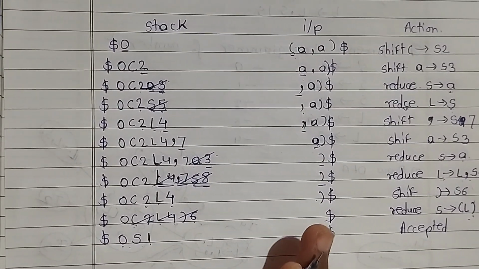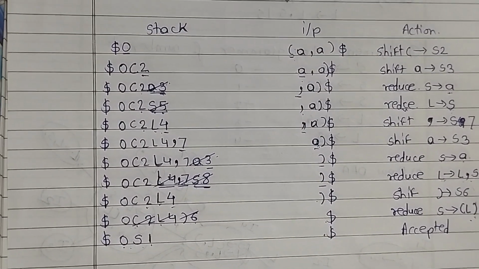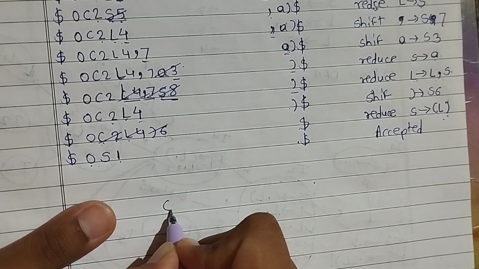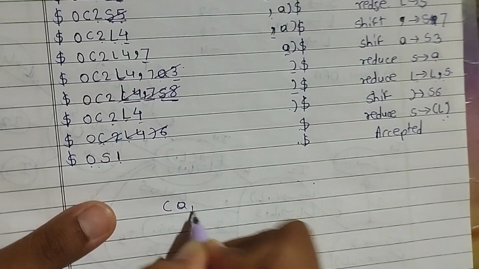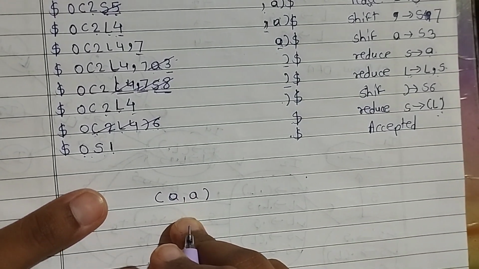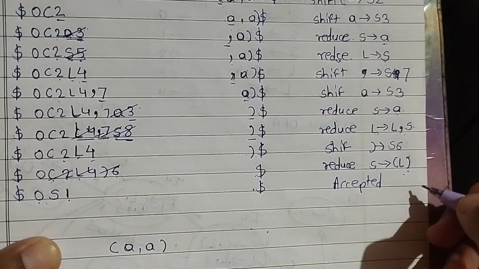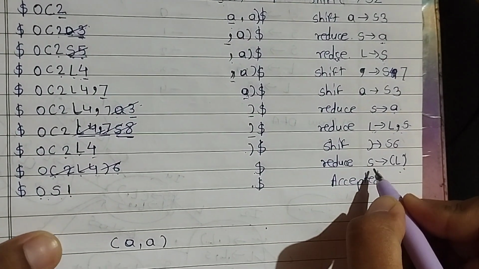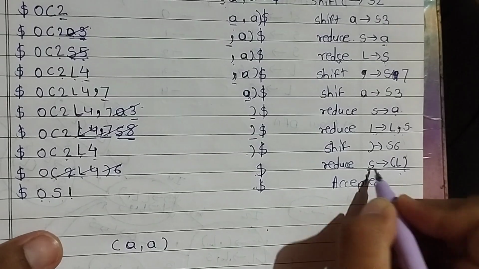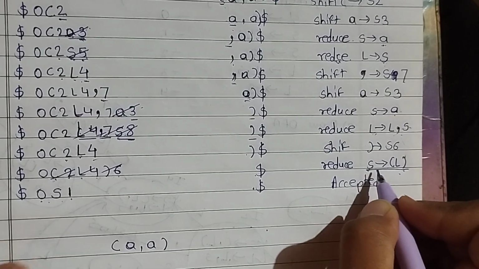Now the last step is to draw the parse tree for the input, which is opening bracket A comma A closing bracket. For this we draw the parse tree. So we go from the bottom. So the first non-terminal is this: yes read, and yes is our starting symbol in our grammar.